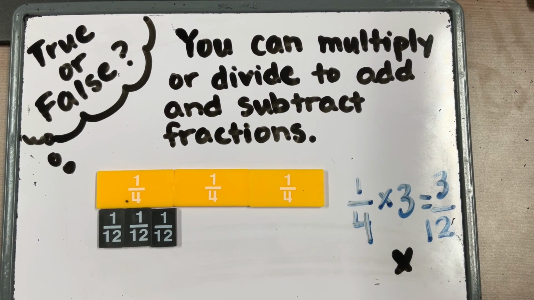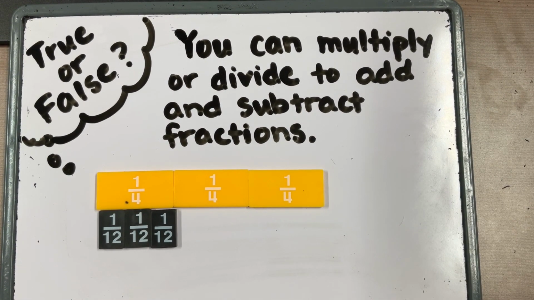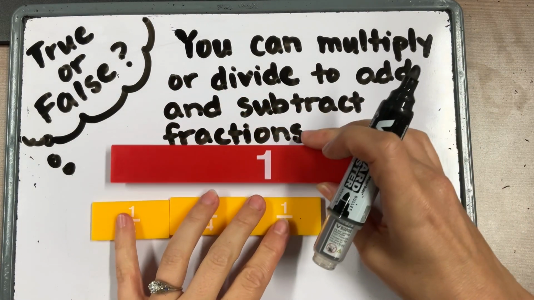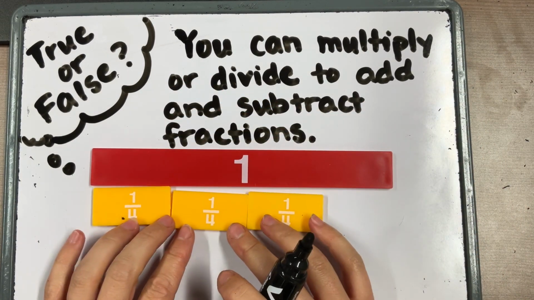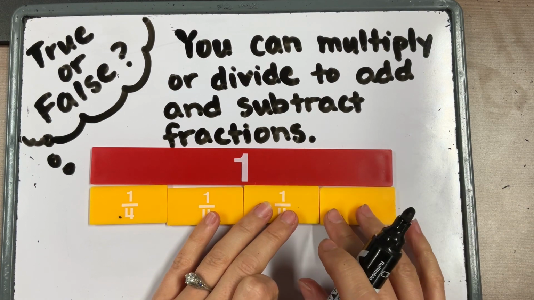Well, now I'm wondering about divide. Could we divide somehow with subtraction? I know we multiplied and added together. Could we subtract and divide together? Well, if I have one whole and I take away 1/4, 1/4, 1/4. So let's say I have 4/4 to start with. I can even put this one turned over.